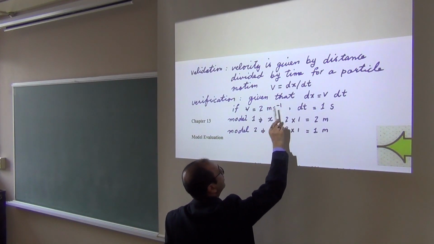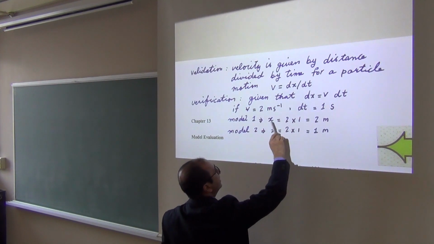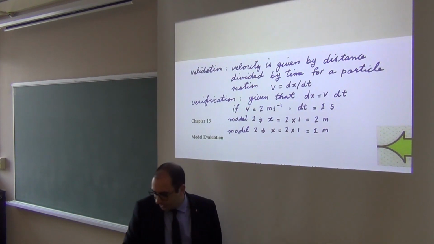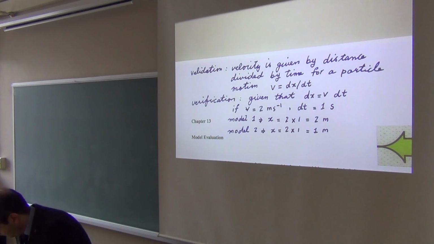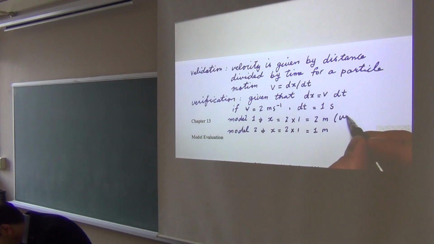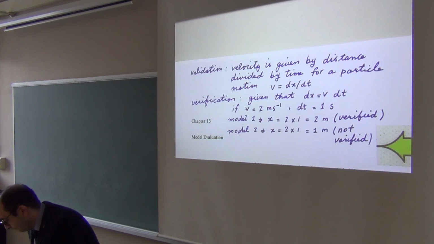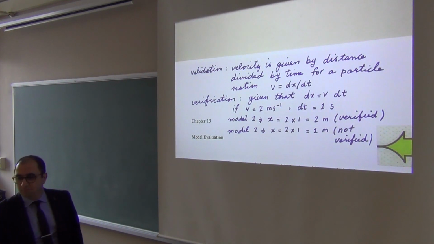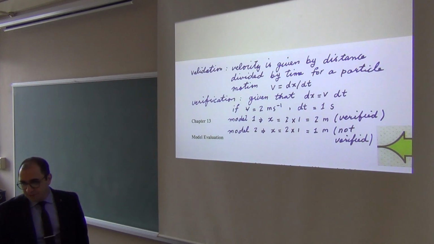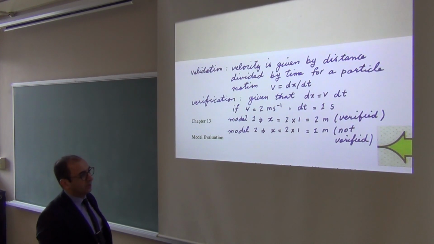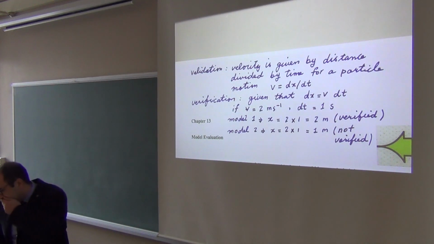I'm solving this equation correctly. X is equal to v dt. 2 times 1 is 2 meters. This first model is verified. This second model is not verified. Even though I'm using the right equation, I'm not solving this equation right. So that's something to demonstrate.